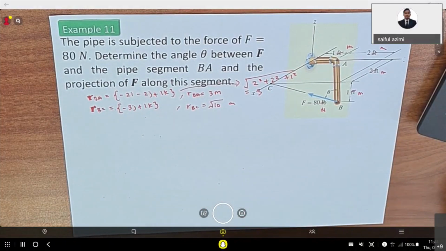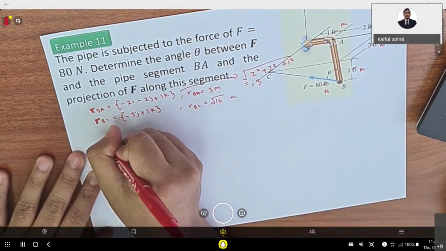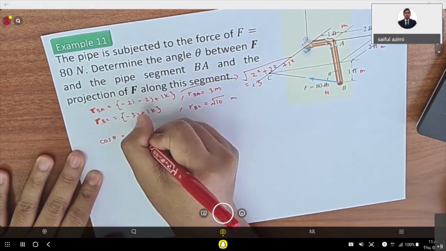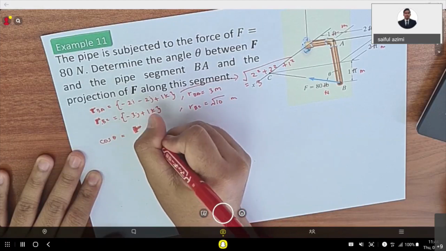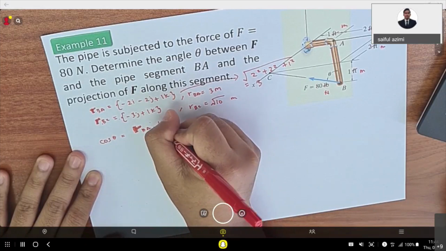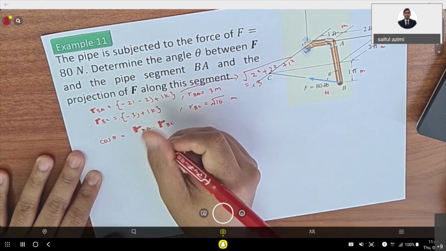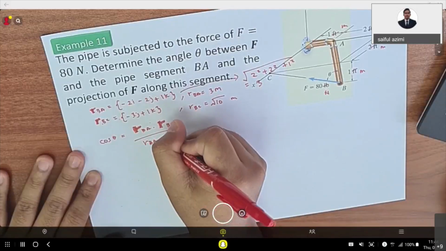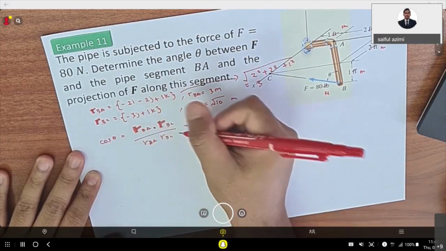Alright, next is cos theta. Cos theta equals RBA dot RBC over the magnitude of RBA times the magnitude of RBC.